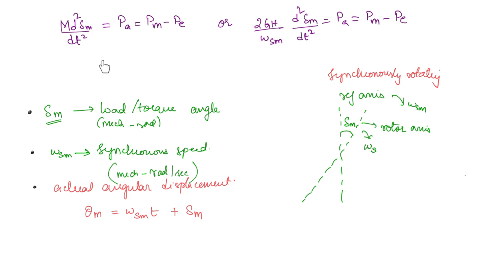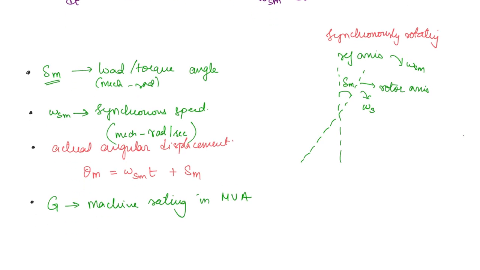t is the time, and G is the machine rating in MVA, megavolt ampere. Next we have H, the inertia constant of the machine.